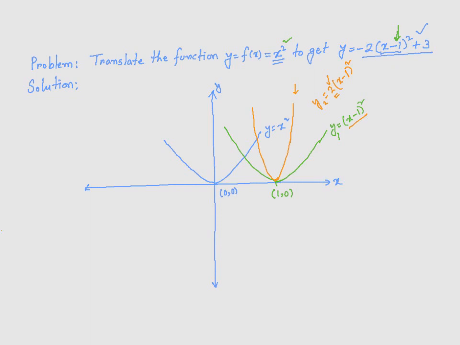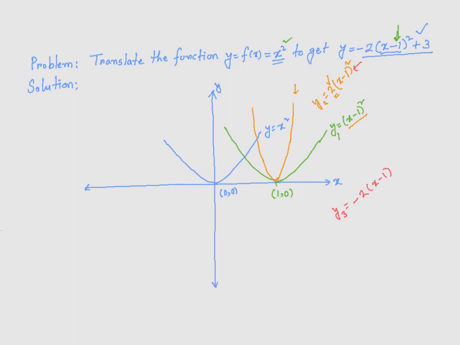So I've got to this point. Now I'm going to create a new function which I would call y3, which I'm going to write here. y3 is equal to, the difference between y2 and y3 is that I'm multiplying y2 by negative 1. That means it's going to be negative 2 times (x minus 1) squared. Now remember, multiplying a function by negative 1 has the effect of reflecting it about the x-axis.